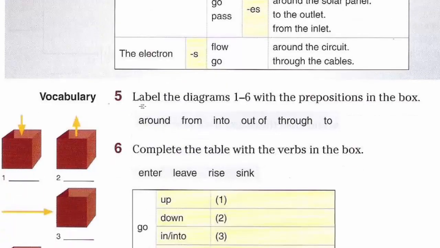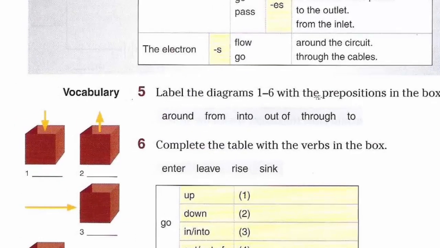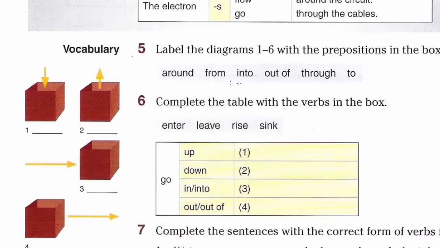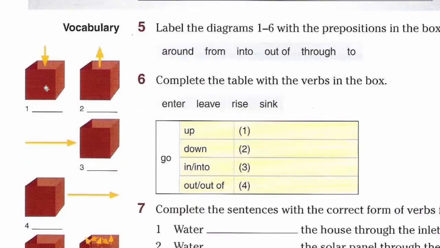Vocabulary. Label the diagrams from 1 to 6 with the prepositions in the box. These words: around, from, into, out of, through, to. Okay, look at the boxes here.